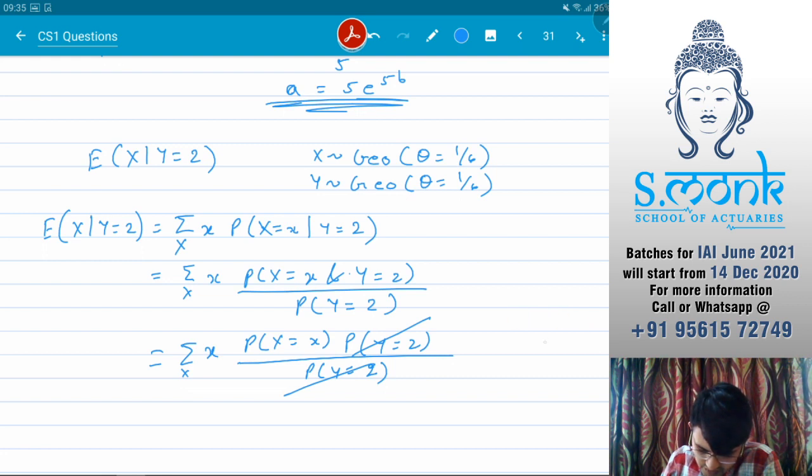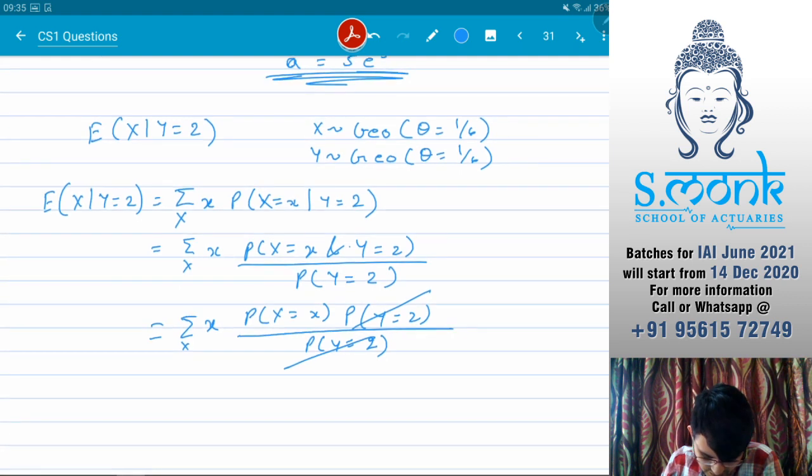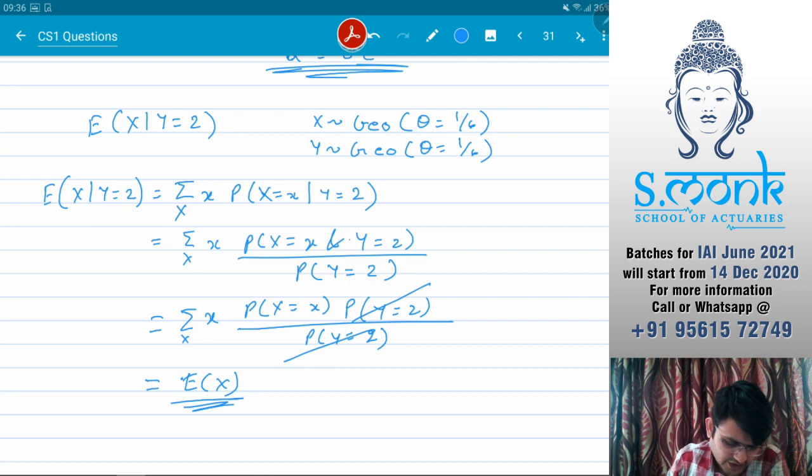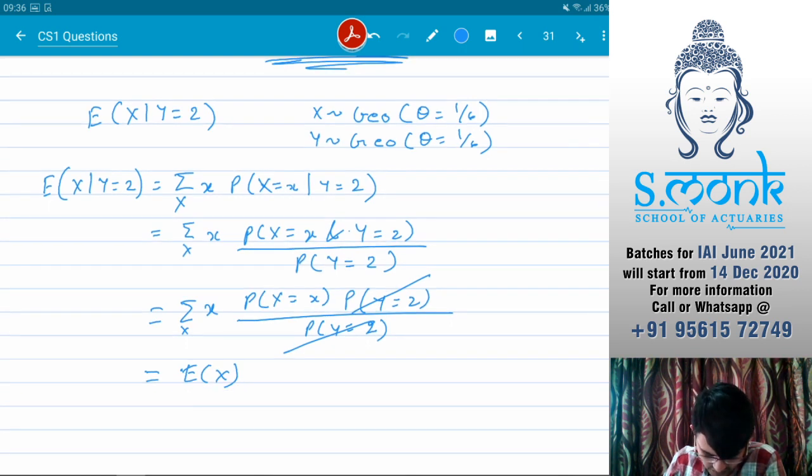That means they are basically saying 6 by 9 is our answer, right? To get 6 by 9, I don't see that to be the answer. I feel like this is just the expected value of x, right? Because they are independent of each other, that should not affect the value of x. So the answer is given, but I am also not able to understand it.